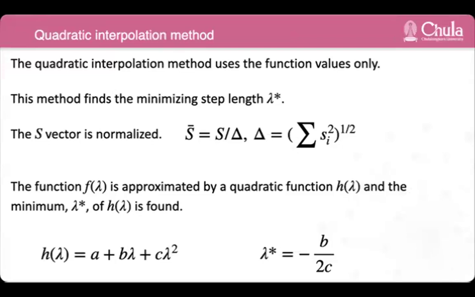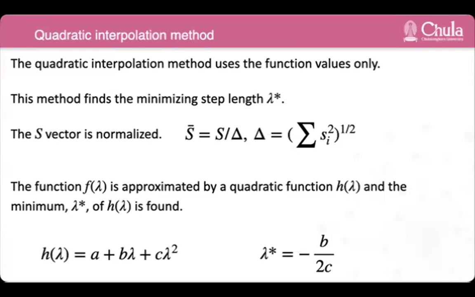For example, the first one is quadratic interpolation. For quadratic interpolation, we assume that our objective function is a quadratic function. The good thing about a quadratic function is that once we know it, we know the minimum point.